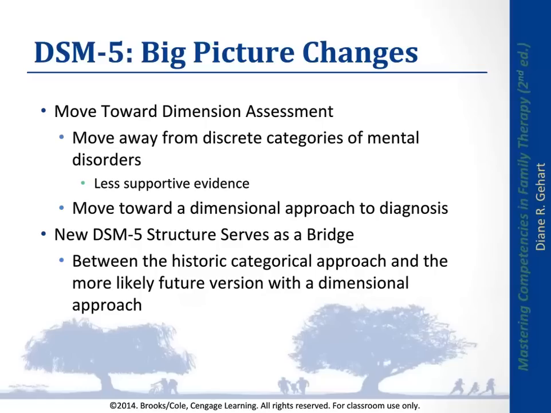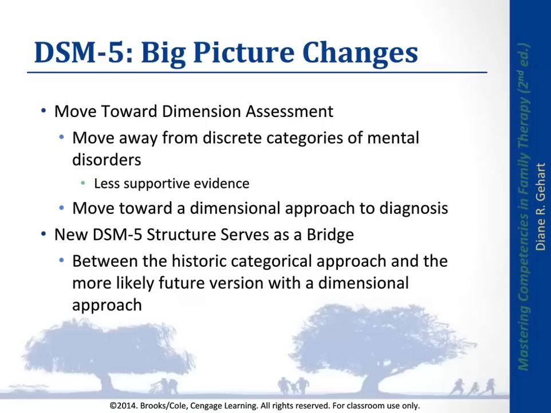I think this helps frame the changes in the DSM-5 so you understand what's going on better. There is a move towards what is called dimensional assessment. Dimensional assessment is looking at a particular psychological functioning, like mood or substance use or mood stability, along a spectrum from mild, moderate to severe.